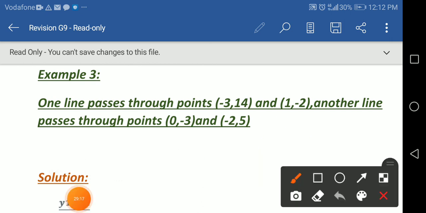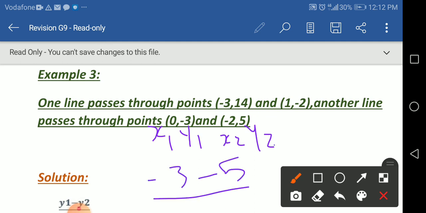So what should I do here for this one? I have y sub 1, which is -3, minus y sub 2, which is 5, over x sub 1, which is 0, minus x sub 2, which is -2, in the bracket. Okay, it should be like this.